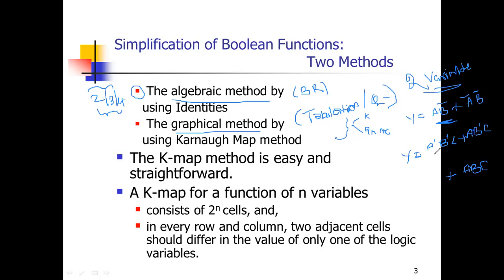Here totally three variables are used along with their complements. A and its complement is a bar, b and its complement is b bar, c and its complement is c bar. So this is called two variables, three variables, similarly four variables.